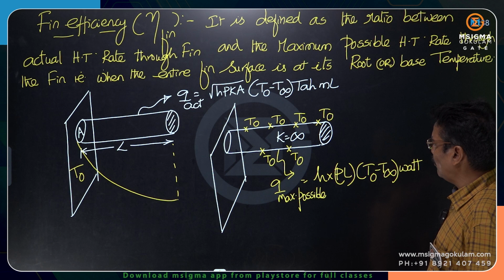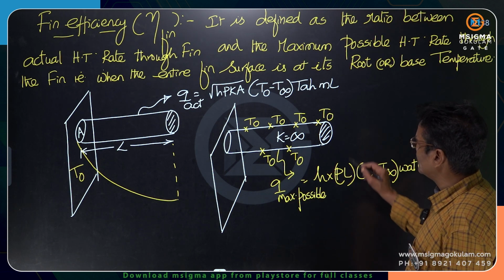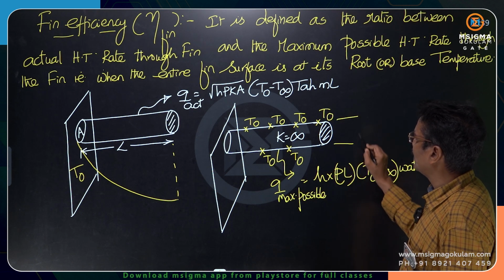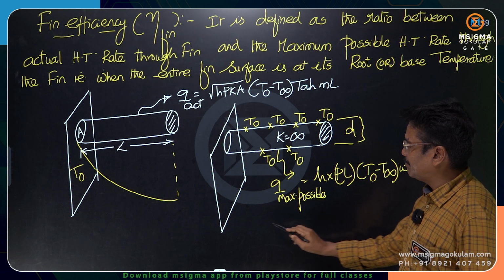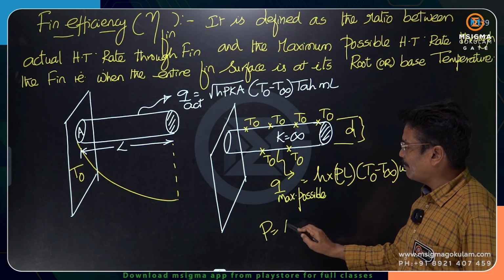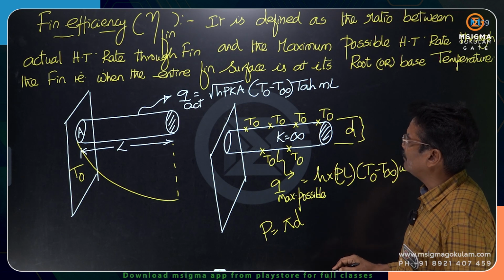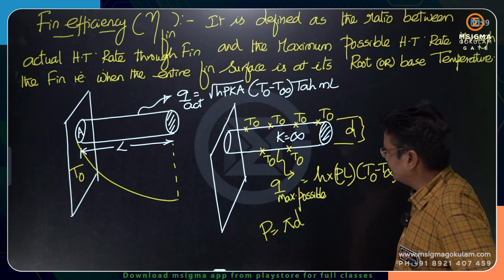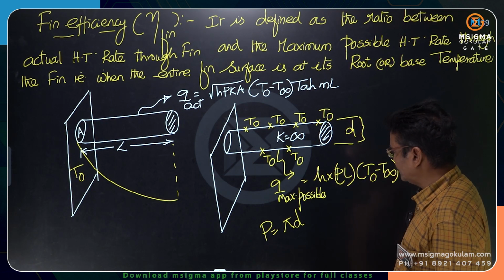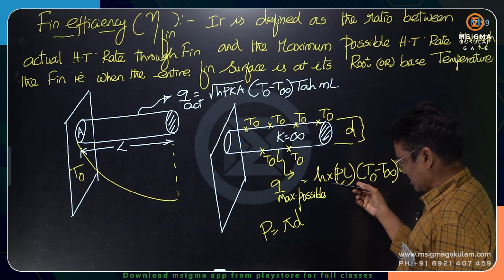The whole of the fin is at the base temperature, so what is the convection area? P is the perimeter. If D is the diameter, the perimeter of the fin is pi D. The total convection area will be perimeter into length of the fin. This is the maximum possible.